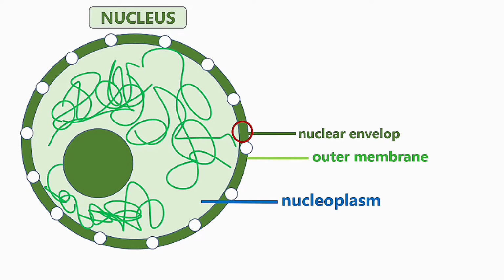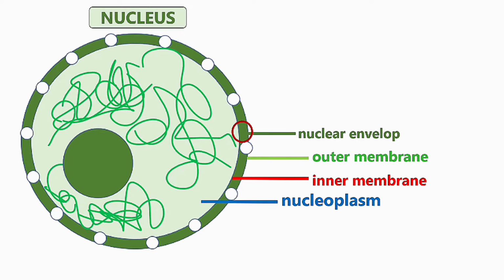Endoplasmic reticulum is another organelle present in the cytoplasm, responsible for synthesizing proteins, for lipid metabolism, or for detoxifying some of the harmful chemicals in the cell. The inner membrane, labeled as red, encloses the nuclear content.